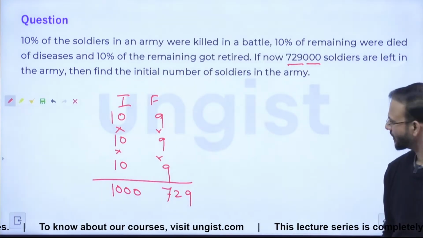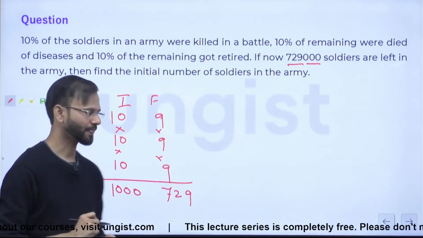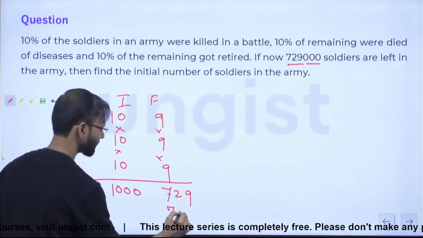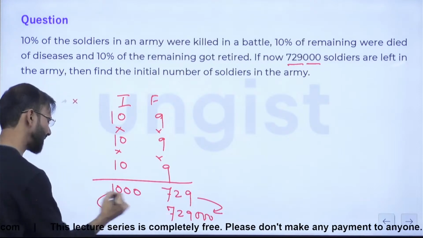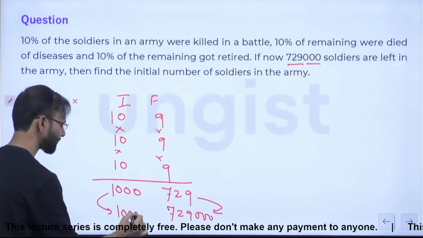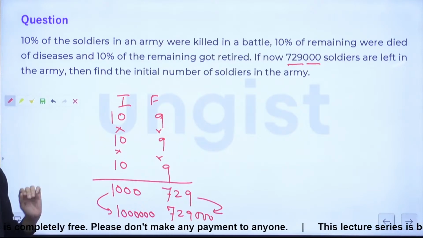So according to question, the final number is 729,000. So this is 1000 times. So 1000 times of this is 10 lakhs. Everybody, yes or no?